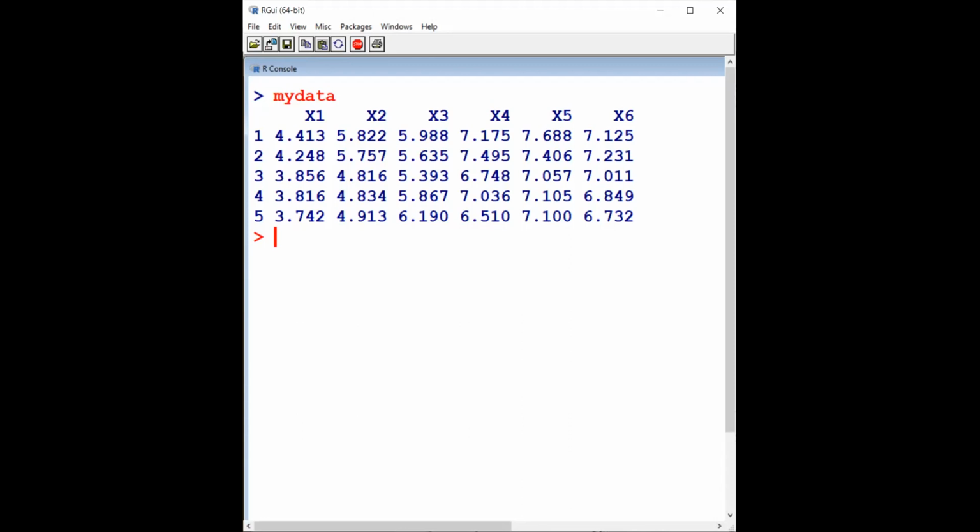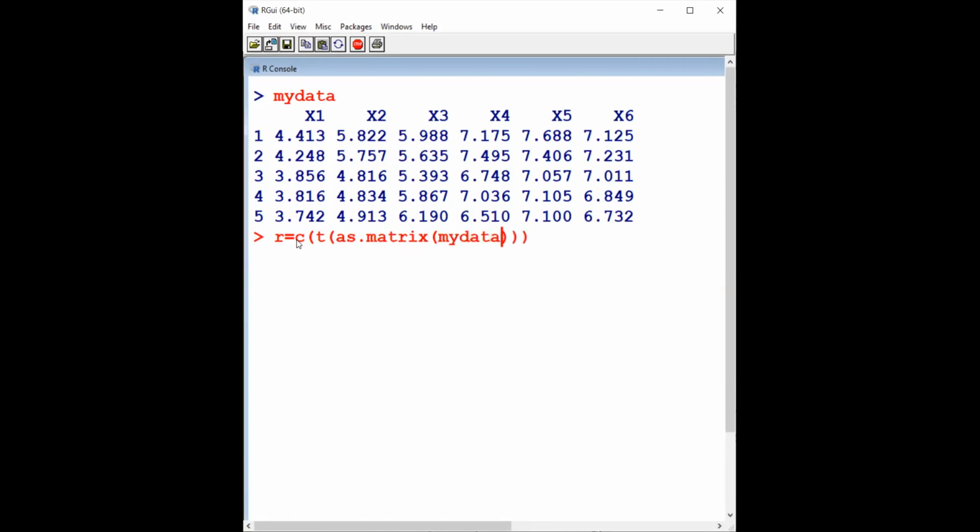To do that, in order to concatenate the rows and put them into one column, just as we used in the previous example in the last lecture, I'm going to concatenate the rows like this, as.matrix.